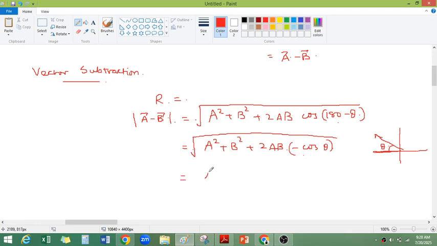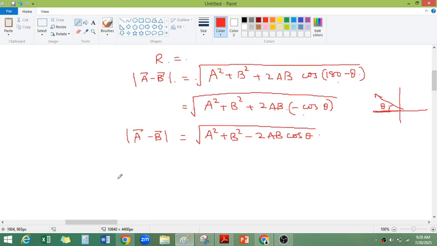So this will become A squared plus B squared minus 2AB cos theta. That's all. So that's your A minus B. So the only difference is instead of plus it will be minus.